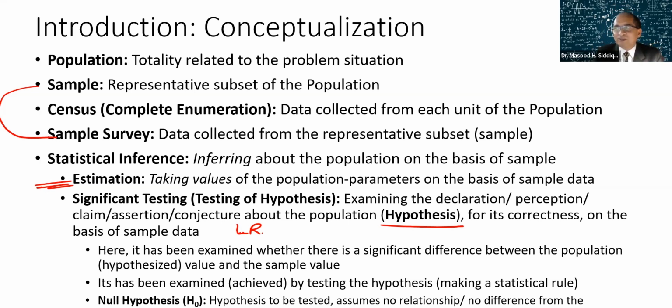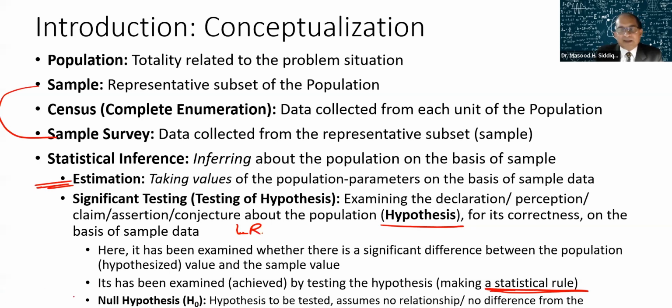So remember, hypothesis is not an assumption, and we examine the hypothesis for correctness on the basis of sample data. We examine whether there is a significant difference between the population values and sample values. How can that be done? It can be done by proposing a test. A test is actually a statistical rule that I will be explaining.